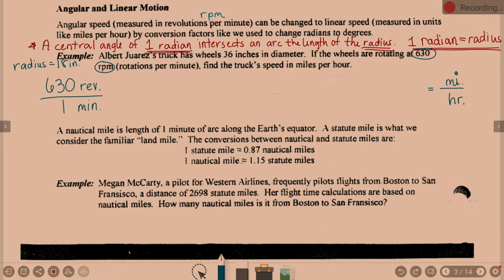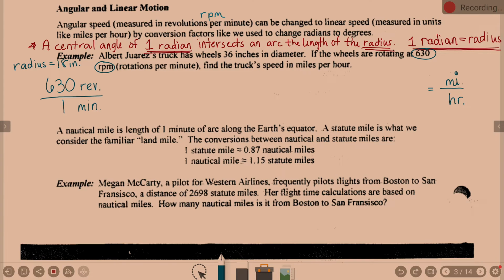So our goal is to take revolutions, turn them to miles, and minutes, turn them to hours. This is where we're going to use our conversion factors. Give me the obvious one to get us started here. We're going from minutes to hours.